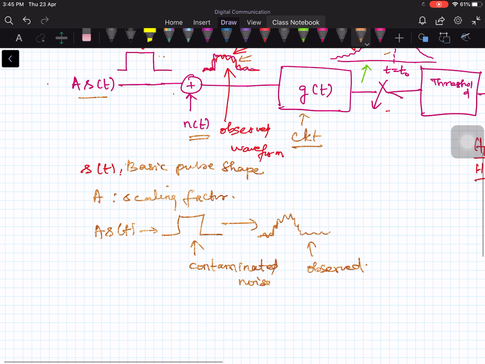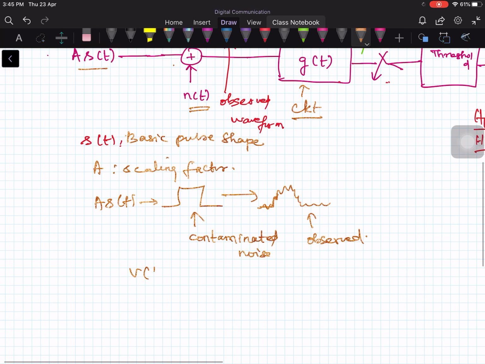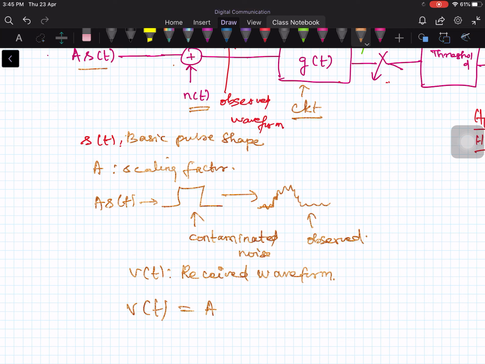Let me call the observed waveform v(t), the received waveform. Now what is v(t) from the figure? v(t) is your input signal A times s(t) plus the noise n(t).